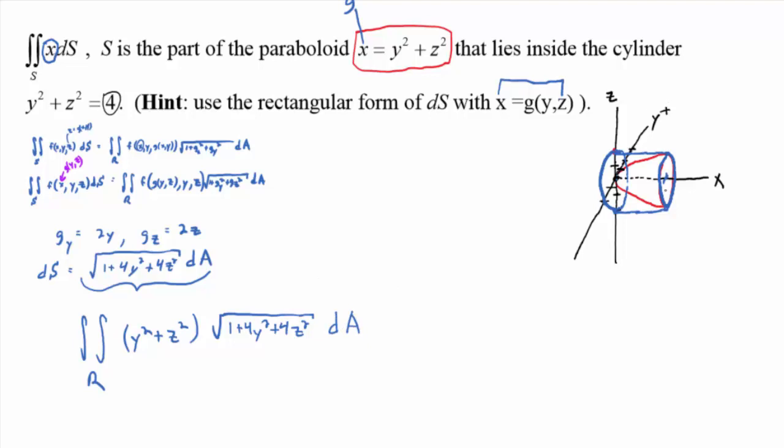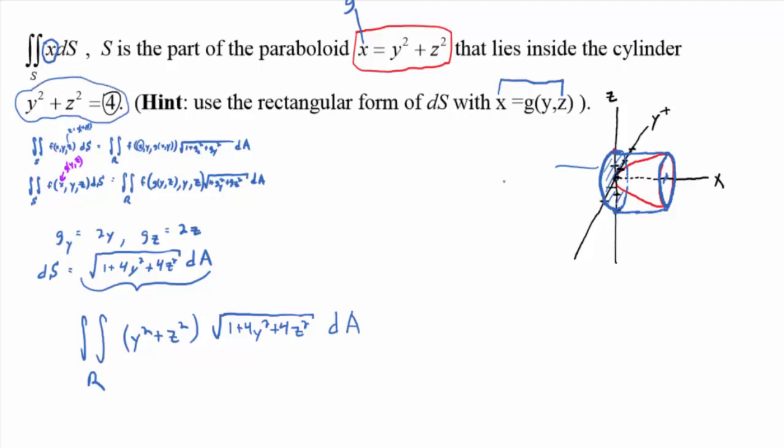And now let's go to our picture. What are we going to integrate over in the yz plane? Well, if you project this paraboloid down, aren't you just going to get this disk here? If you think of smushing it down flat. And what's the equation of that thing? Well, we've got it, right?